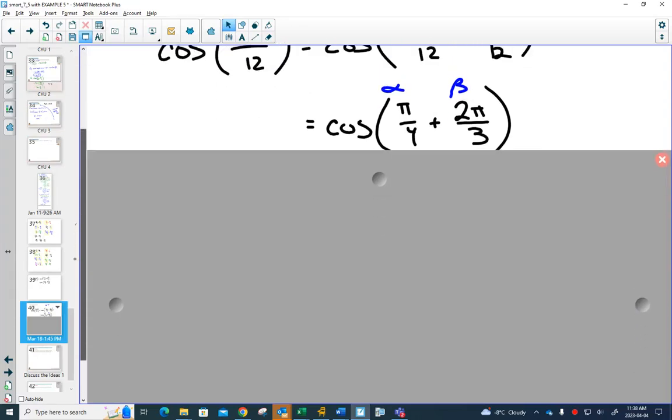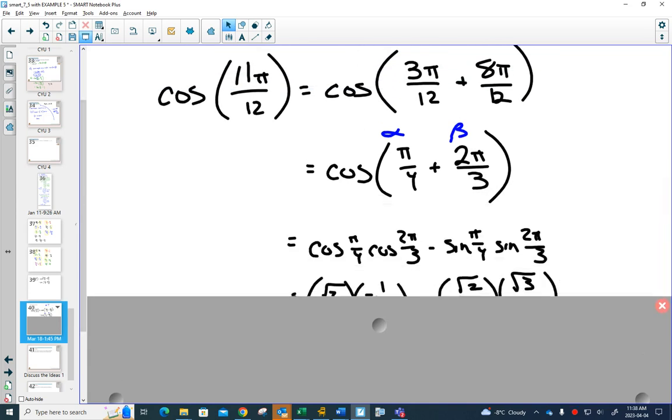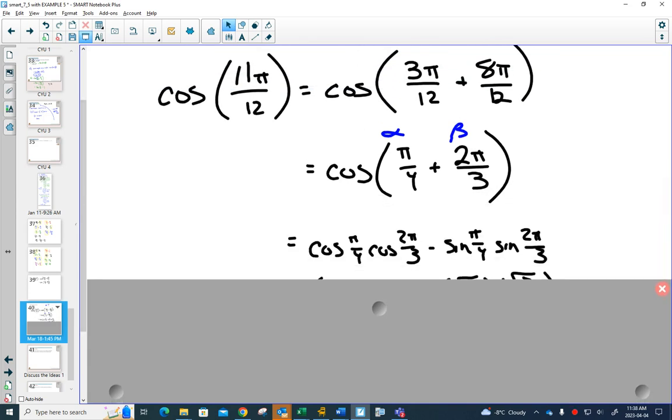We can then use our formula for cos, which is cos cos minus sine sine.